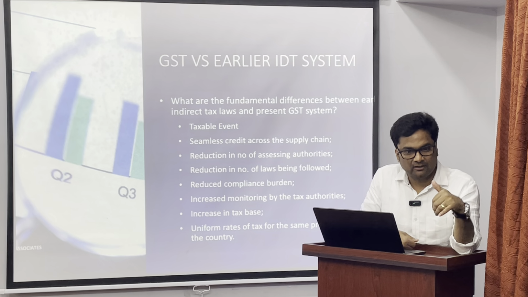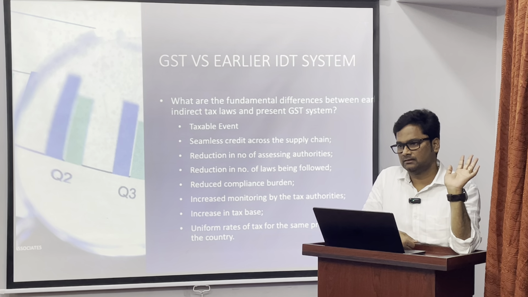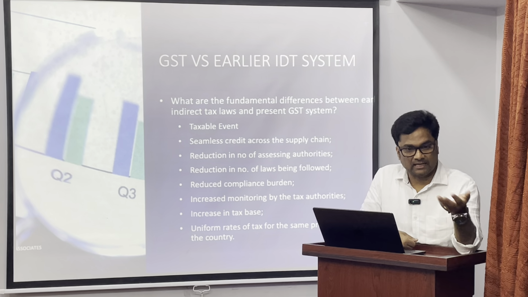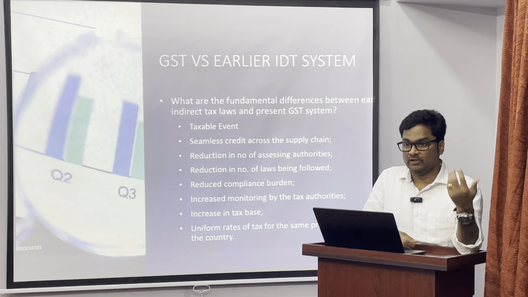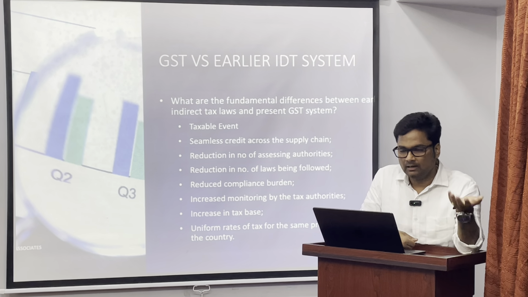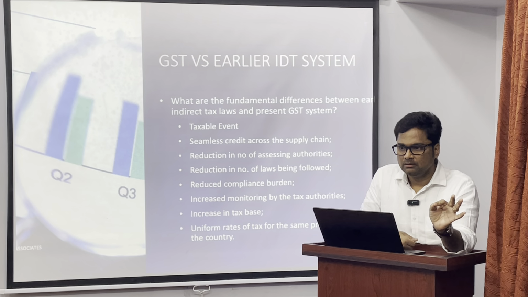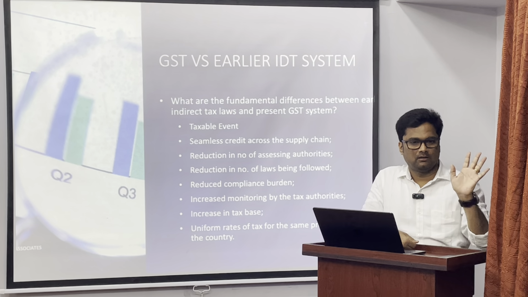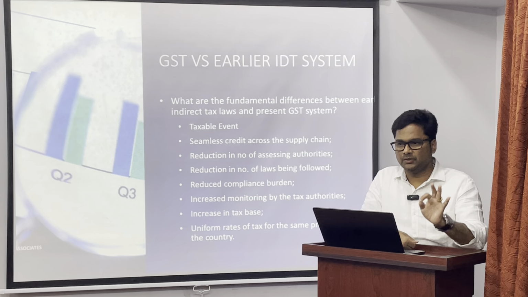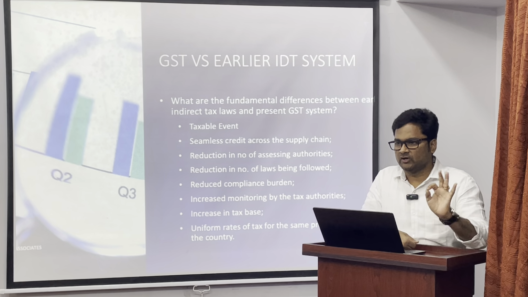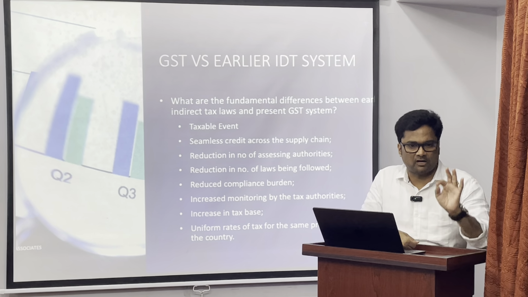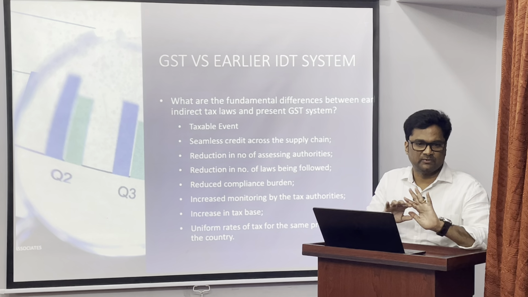Whether you are manufacturing and then supplying, I don't mind. Whether you are buying and selling, I don't mind. Whether you are importing and then supplying, I don't mind. What do I mind? Are you supplying goods or are you supplying services? If you are not supplying goods, you are not taxable. If you are not supplying services, you are not taxable.